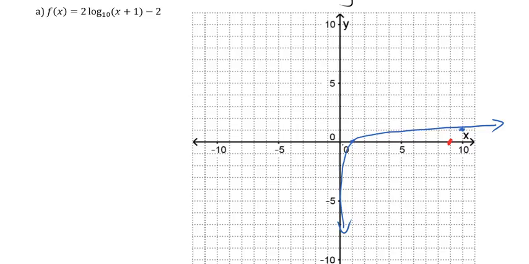And this point just moves left 1 and down 2, and my asymptote just moves left 1, so it's right there. So this would be the graph of f of x compared to the base graph.